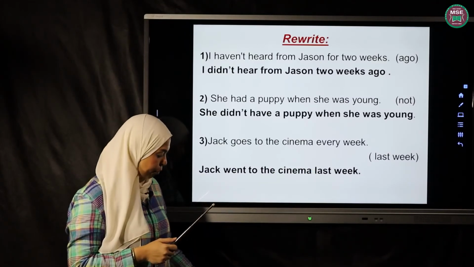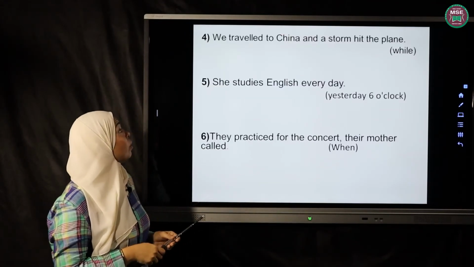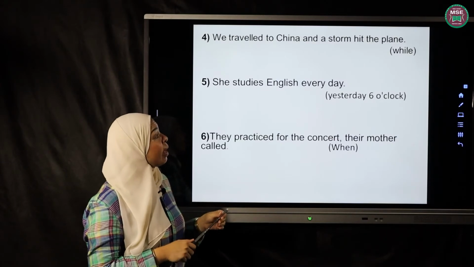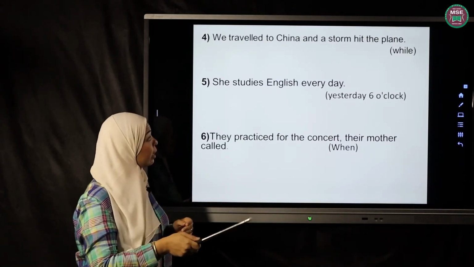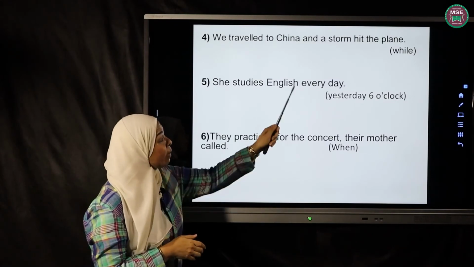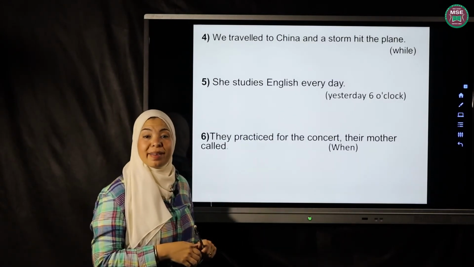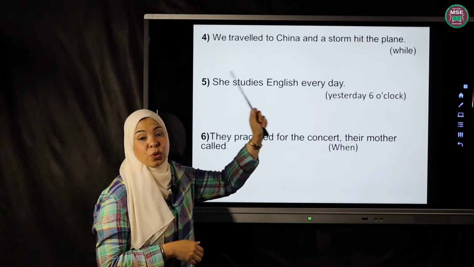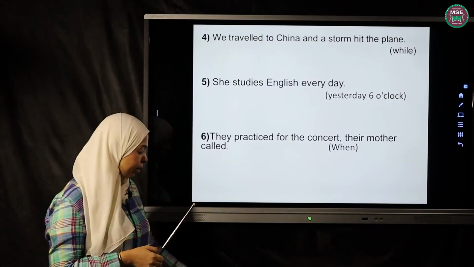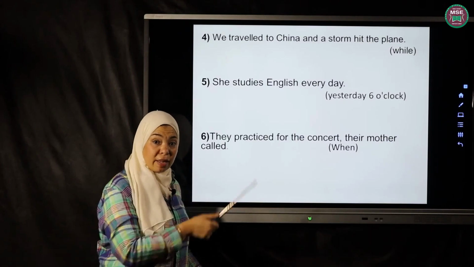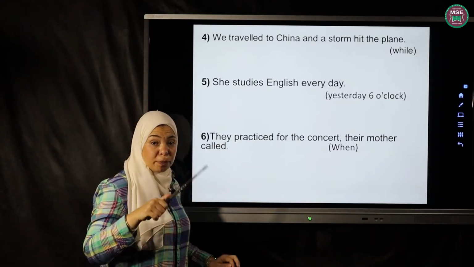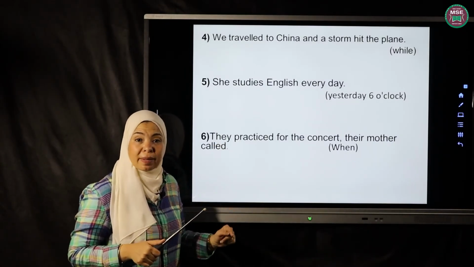Number 4. We traveled to China and a storm hit the plane. Rewrite using while. While here is capitalized, so you have to start by using while. While plus past continuous. And then if the other action interrupted the long one, it will be in the past simple.